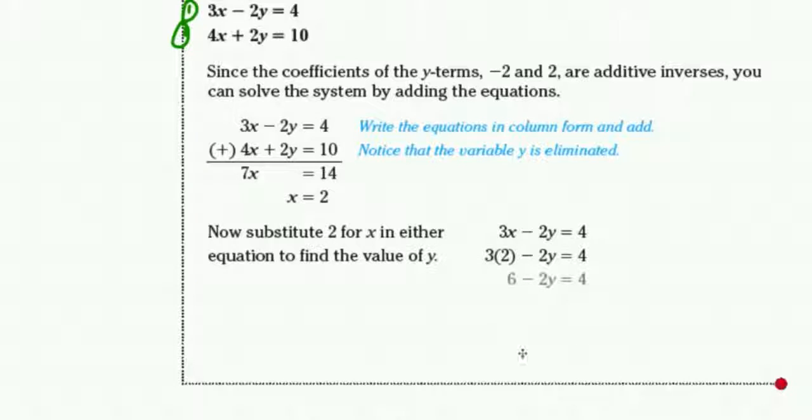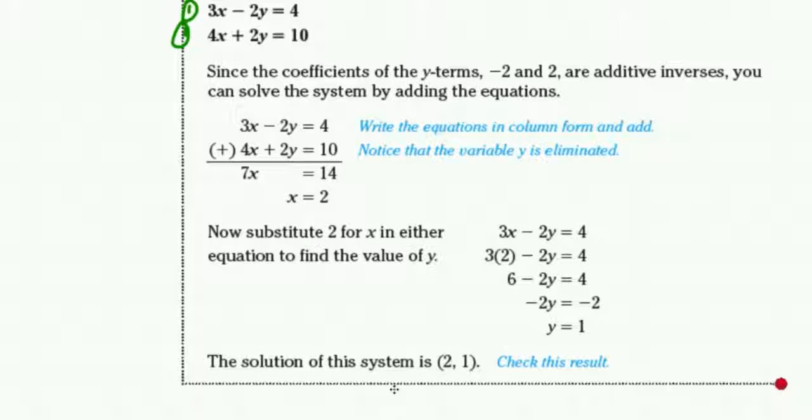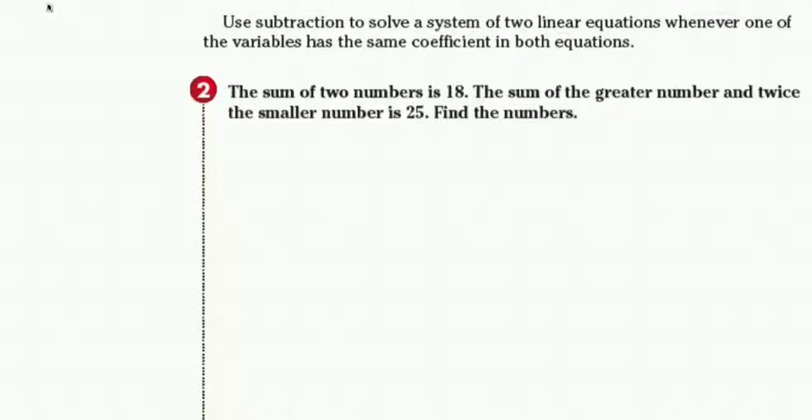This becomes 6 minus 2y equals 4, and we solve for y. We subtract 6 from both sides, you end up with negative 2y equals negative 2, and we divide both sides by negative 2, end up with y equals 1. So the solution of this system is 2, 1. Take a look at the next example.